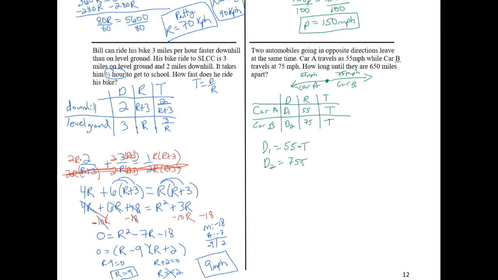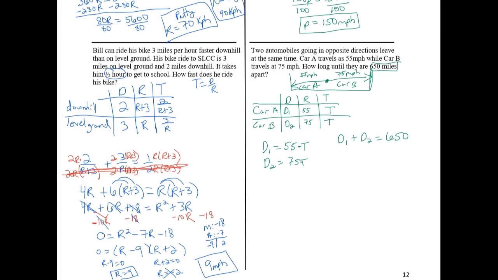But I have one more piece of information. They're going to end up a total of 650 miles apart. So from one side to the other is going to be 650 miles total. That means that however far car A travels plus however far car B travels, they need to end up 650 miles apart.